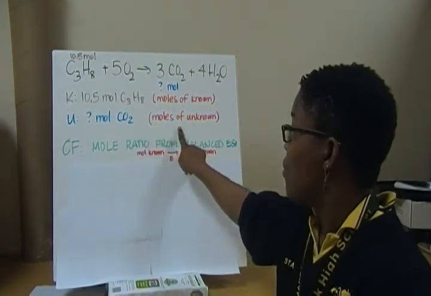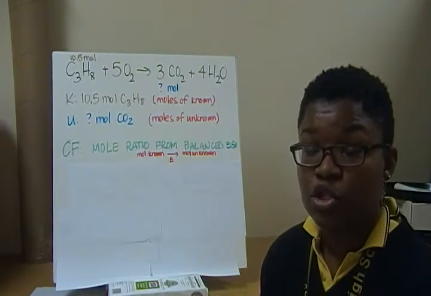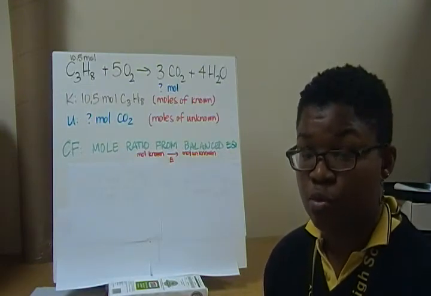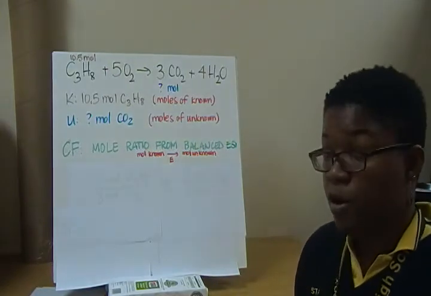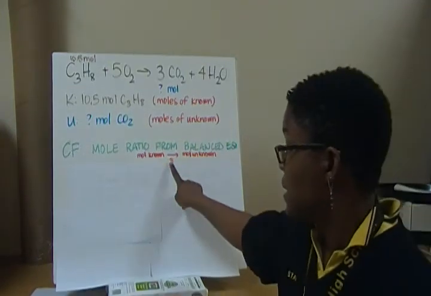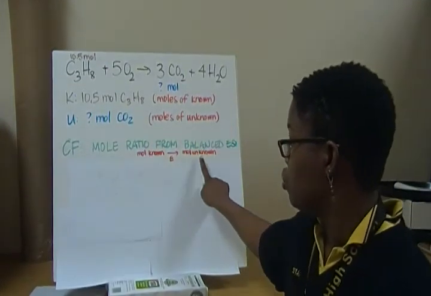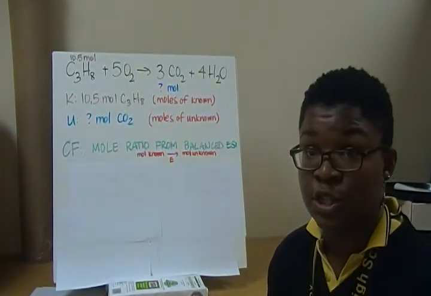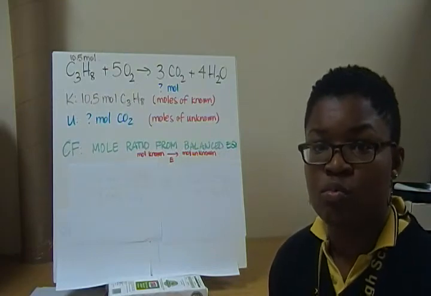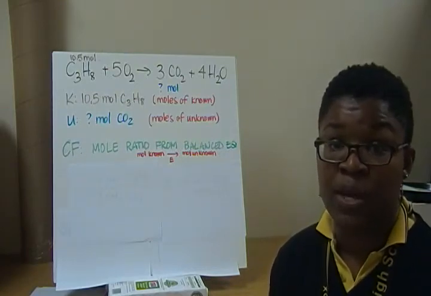Then here we have the moles of unknown. So we're looking for moles to moles. Now, if we look at our stoichiometry math, we can see that our conversion factor is going to be path E, from moles of known to moles of unknown, and that is the mole ratio from the balanced equation. There were two possible mole ratios that we can get from the balanced equation.